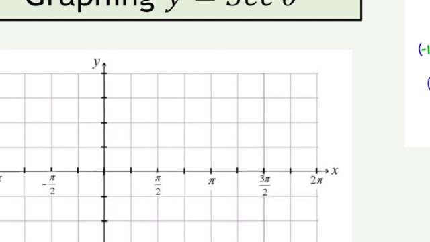Cosine we know starts at 1, then goes to 0, then to -1, then back to 0, and then back to 1. So this shape will be your cosine. Okay, so the exact same rules are going to apply to the secant that apply to the cosecant.